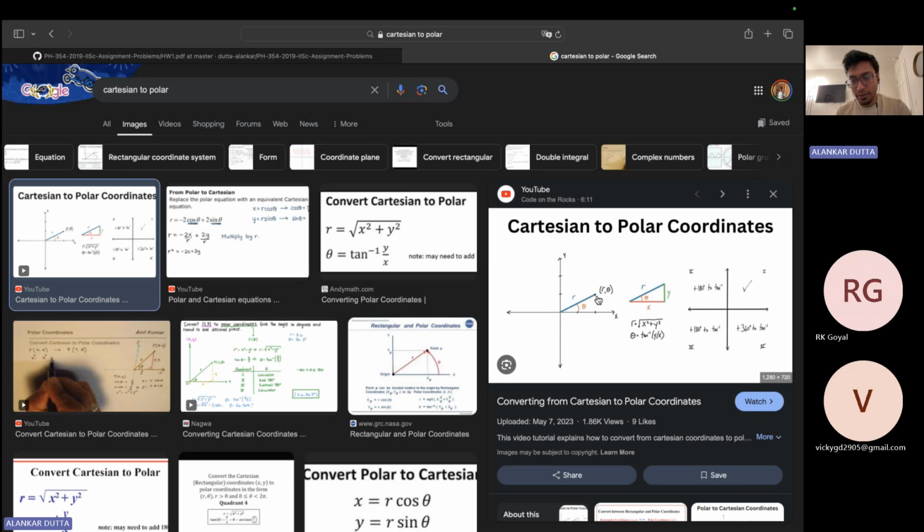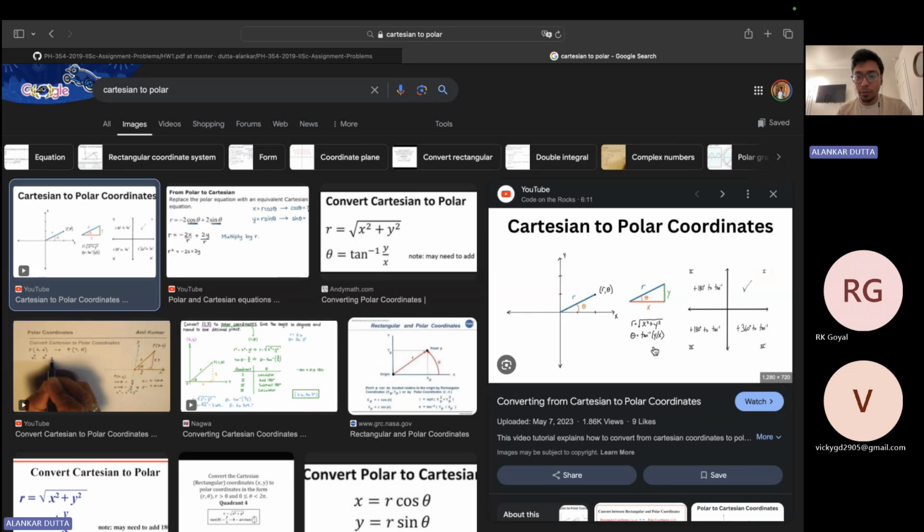The value along the horizontal is x and the value along the vertical is y. Then from Pythagoras' theorem, r is the square root of x squared plus y squared, while this angle theta, the polar angle, is tan inverse of y by x. So tan theta is y over x, and theta is tan inverse of y by x.